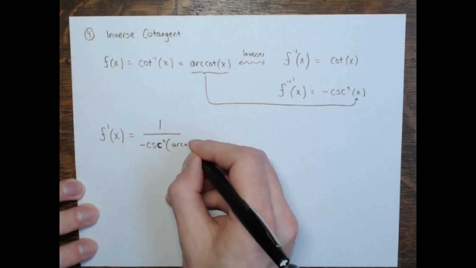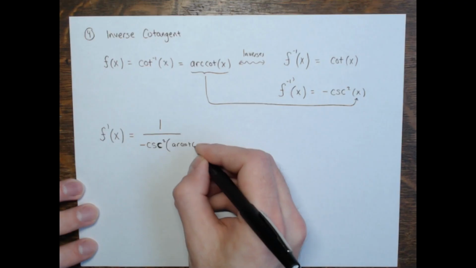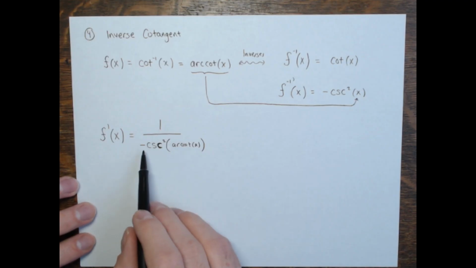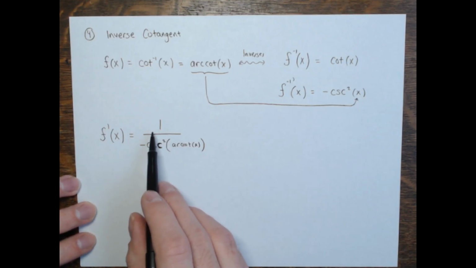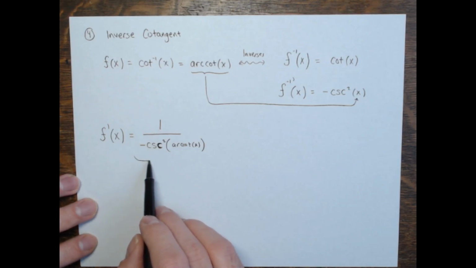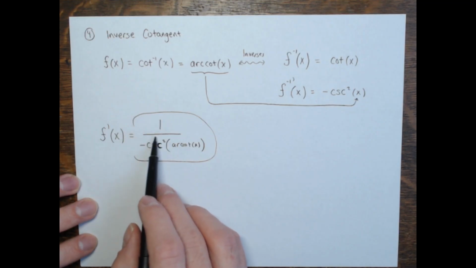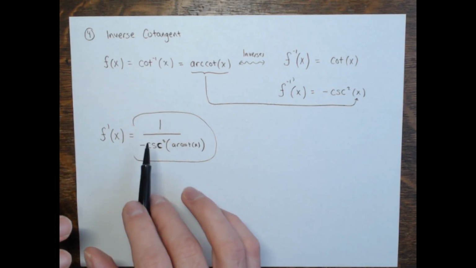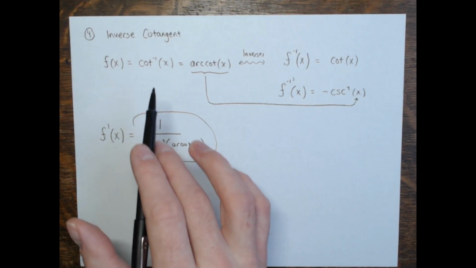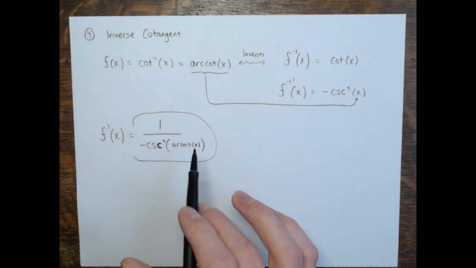So again, arc cotangent of x there put inside. I'm going to put this negative up top, make this -1 in the numerator. Now we're trying to rewrite this expression, but this is totally fine. This is the derivative of the inverse cotangent at any x.